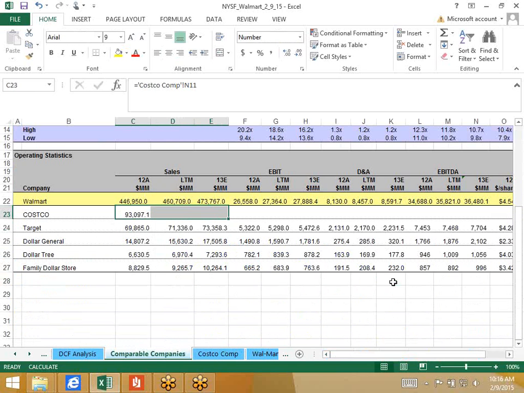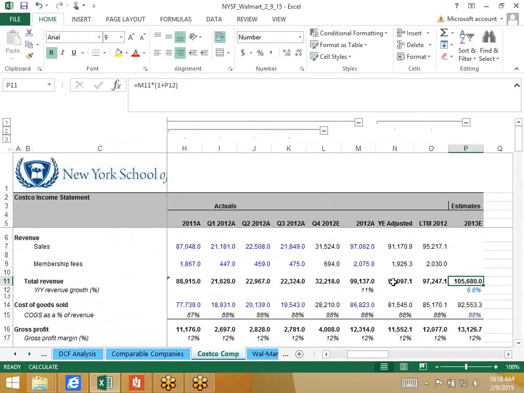I can easily copy to the right because the next two columns are the LTM and the 2013 estimated. So these are the three columns we're going to utilize: 2012 year end, adjusted to match Walmart, LTM, adjusted to match Walmart, and then 2013.